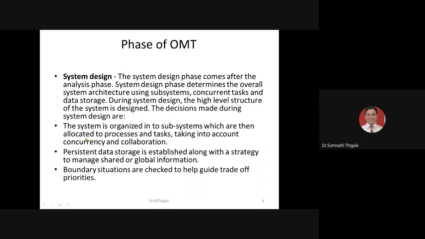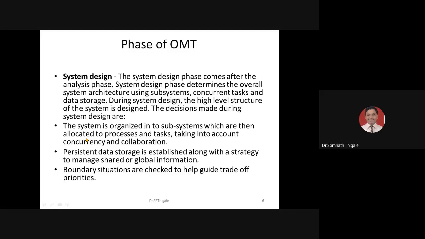So in system designing, we will focus on user interactions with the system. We will not go into details, but how many systems will be there and how the systems are going to interact with each other, that part we will discuss as a part of system designing.